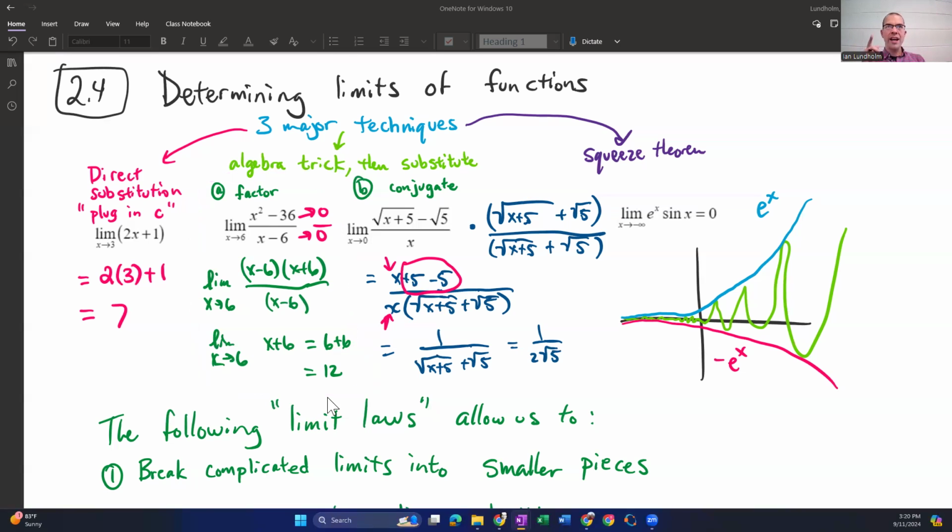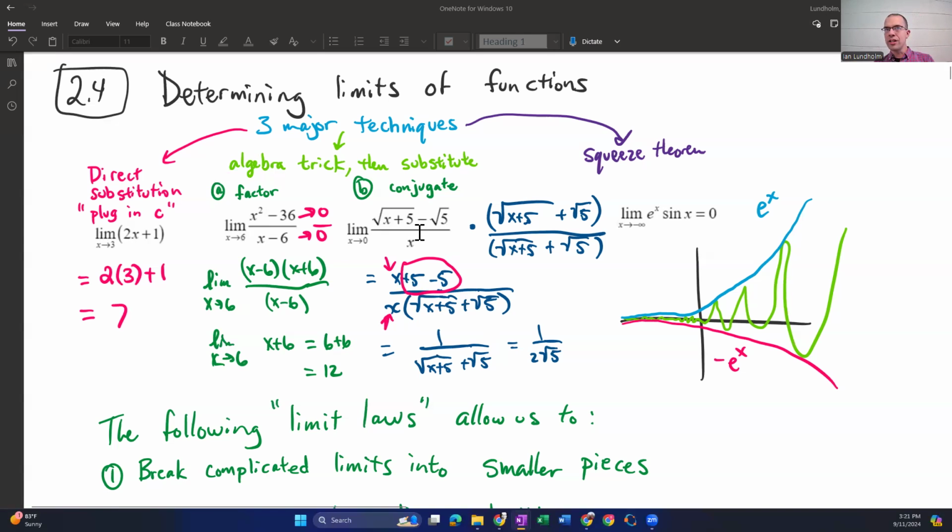The next one is using the algebra trick of a conjugate. If we have something that has square root functions in it, especially with a minus sign or a plus sign in between the two square roots, then we can change the sign in between them and multiply so that we have a difference of squares factor pattern, and things cancel out nicely, so that in the end, we're able to just plug in this value of 0.